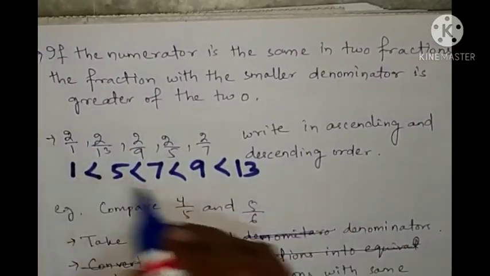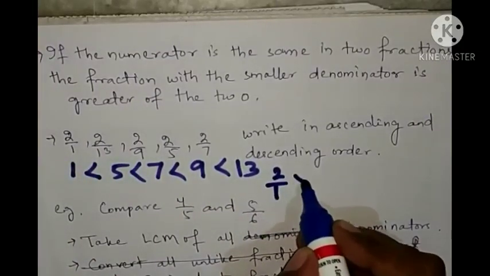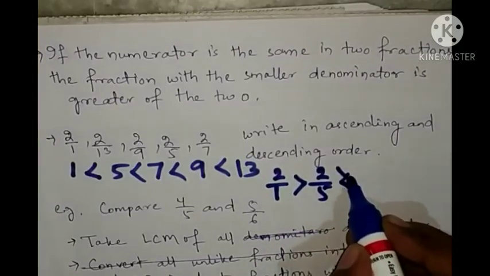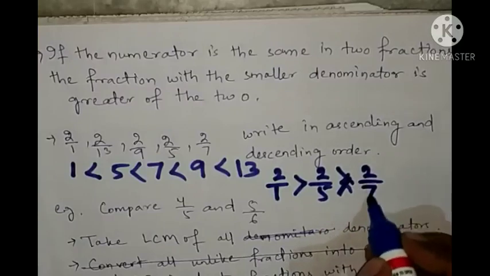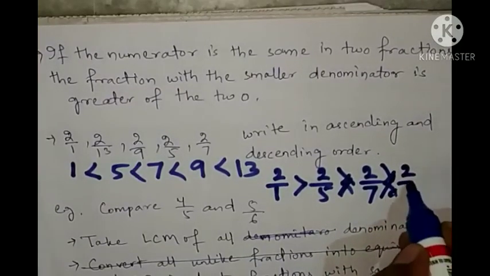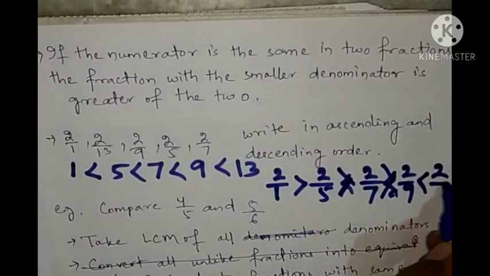So 2 by 1 is greater than 2 by 5, is greater than 2 by 7. 2 by 7 is greater than 2 by 9 and 2 by 9 is greater than 2 by 13.